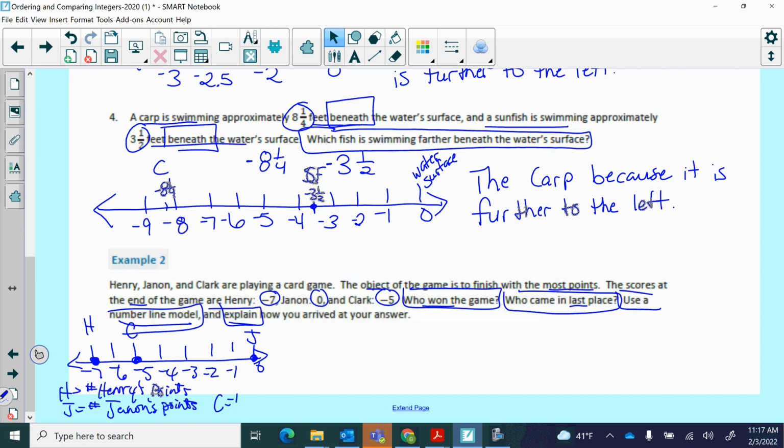And C is the number of Clark's points. Once I have them on a number line, the rest of this should be easy. If I want to be the most points, who was furthest to the right? Nora? So Janet won.